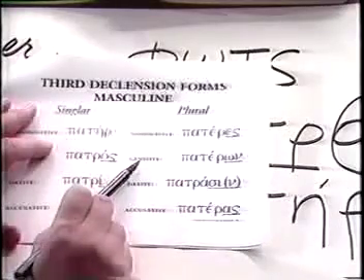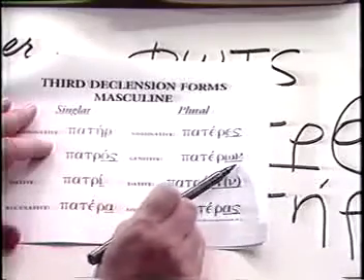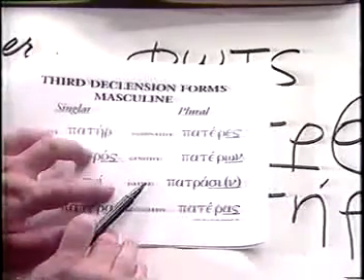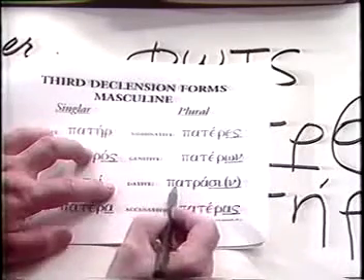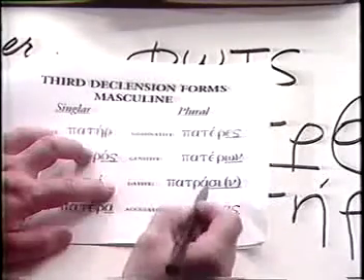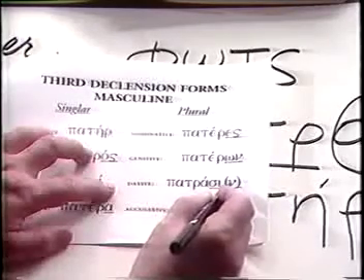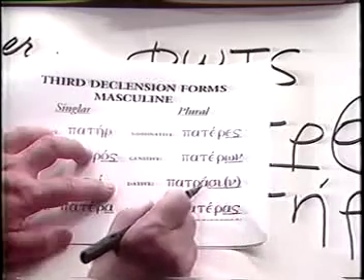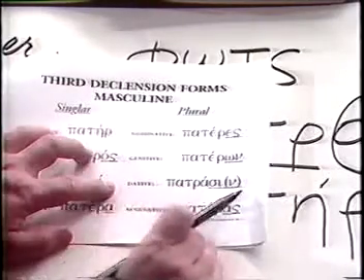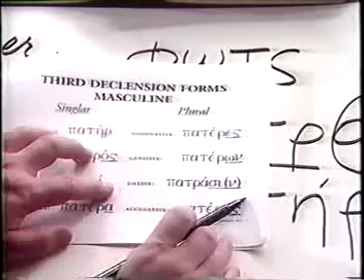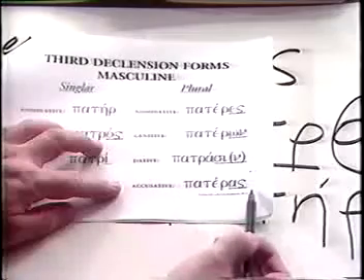In the plural genitive, pateron. In the plural dative, we go back to the original stem without an E added, patr. And then we have our ending sigma iota with a movable nu and an alpha added here for pronunciation. Patrasin. And then the plural accusative, pateras.